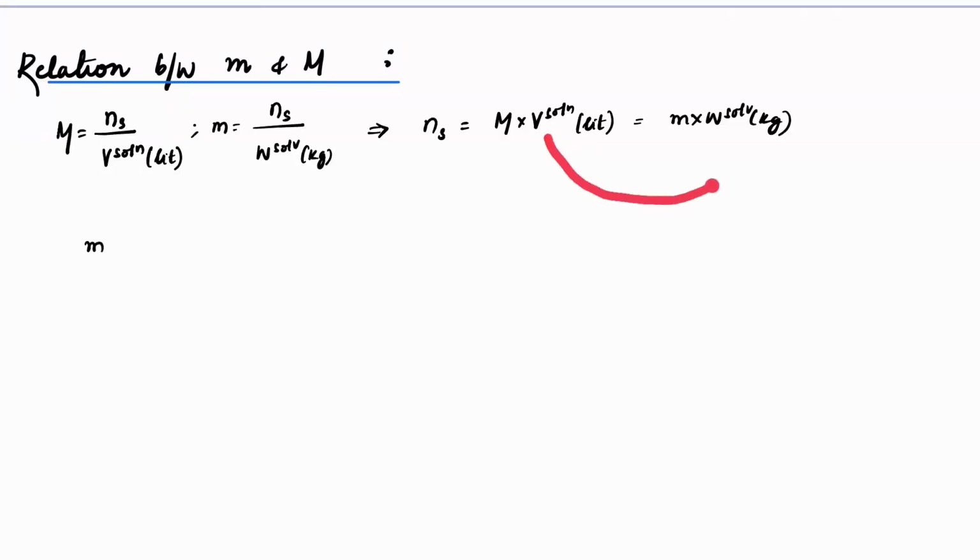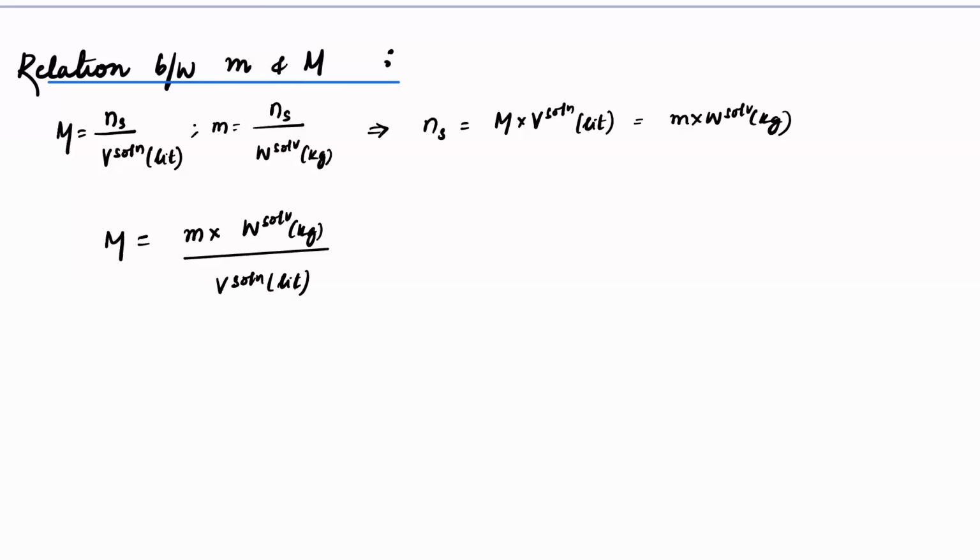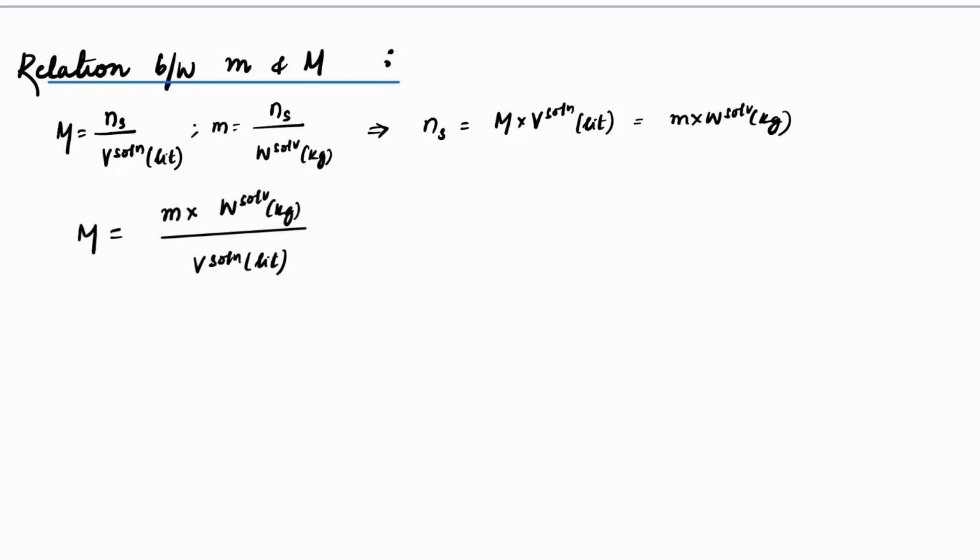I can push this volume term to the right-hand side, because this is a weight term here. That makes molarity equal to molality times weight of solvent in kgs, divided by volume of solution in liters. Now see how we'll slowly change the units one by one.